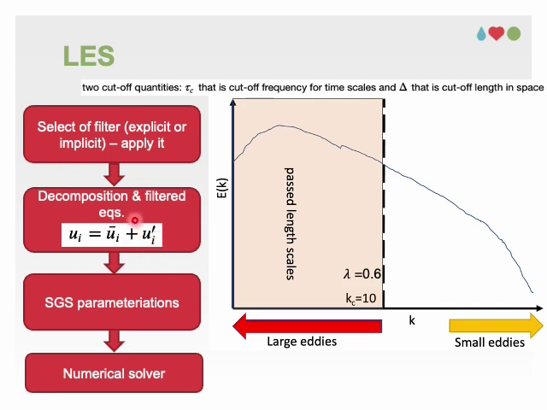By inserting this decomposition into the Navier-Stokes equations, we obtain the LES equations that contain new terms for the subgrid scales. After parameterizing these terms, we apply an appropriate numerical solver.